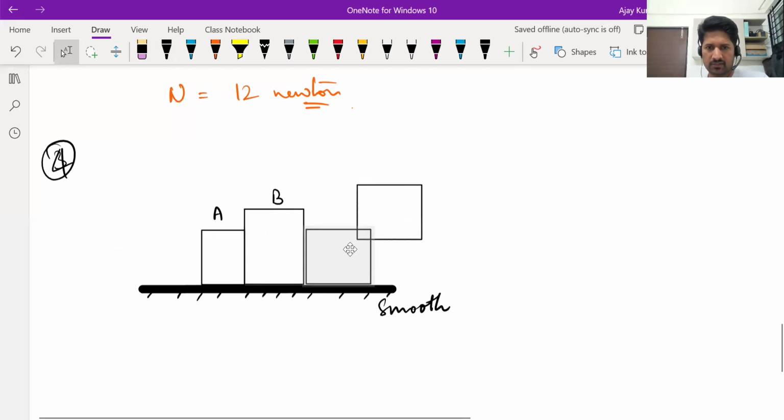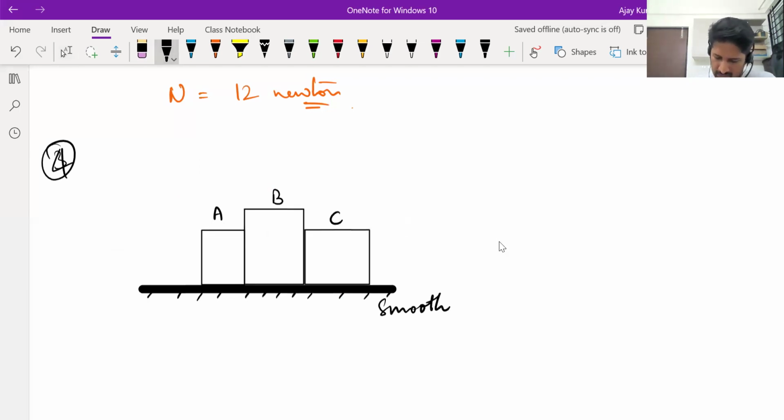Let's say there are 3 blocks this time. Masses: let this one's mass, block A, be 1 kg. B block, let its mass be 2 kg. And C also let it be 2 kg.